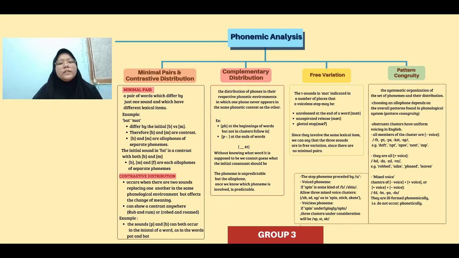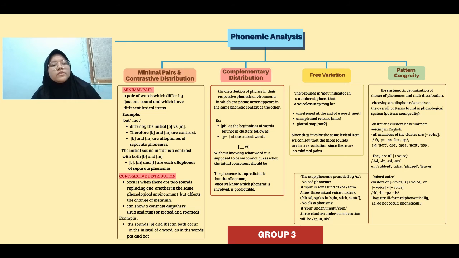As an example, take a word of English which is missing the initial consonant, like this. Without knowing what word it is supposed to be, we cannot guess whether the initial consonant should be M or B or aspirated P sounds or L or G or a number of other consonants.